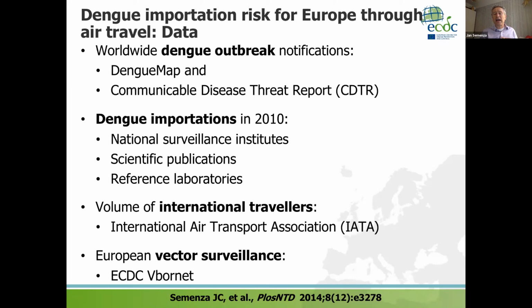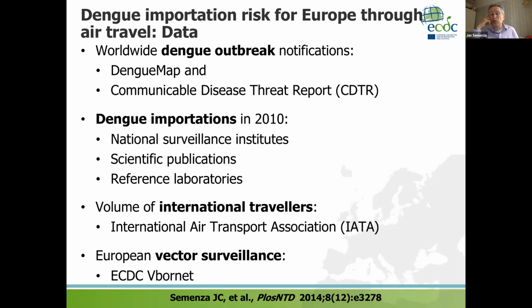Then we contacted the European surveillance institutes and reference laboratories in Europe to ask them about dengue importation cases that had been reported to the laboratories or these national surveillance institutes.